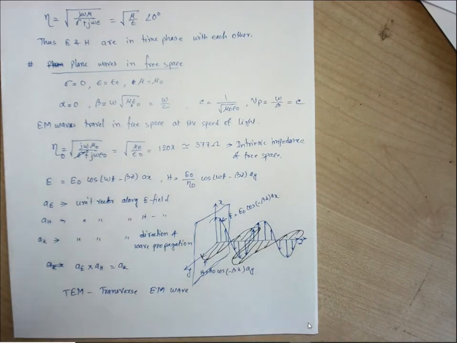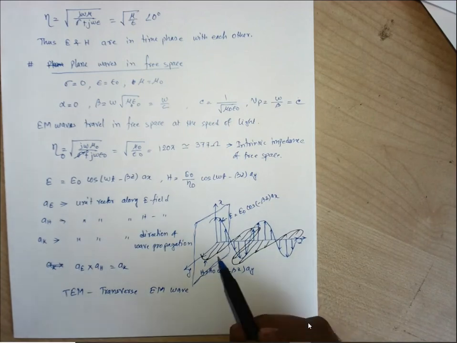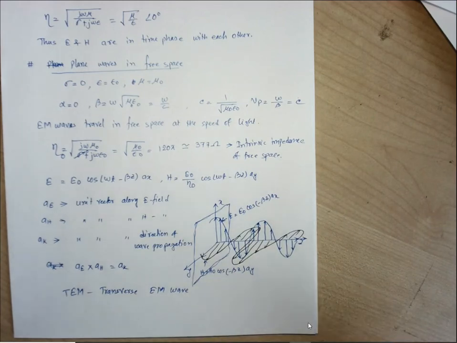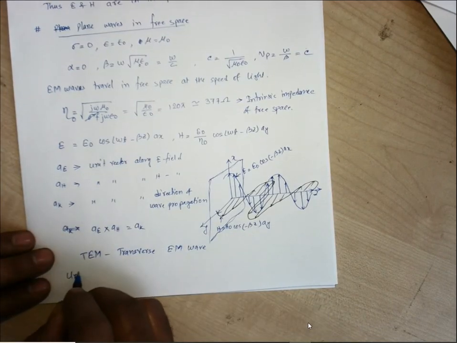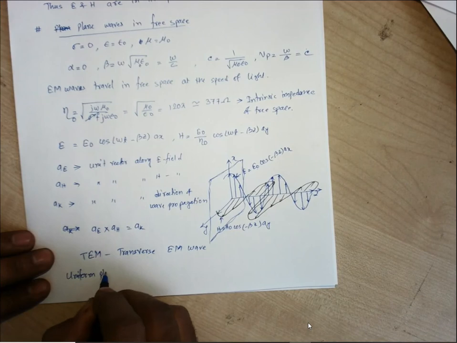Now for any location, either z equals 0 or z equals 1 or z equals 2, whatever the value, at any plane, if both the electric field and magnetic field have the same magnitude, then this kind of TEM wave is known as a uniform plane wave. Why?